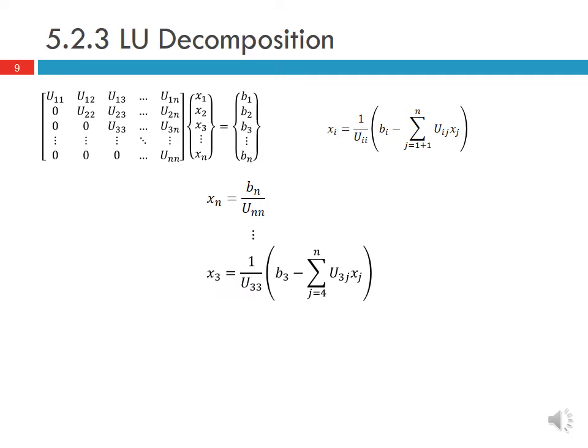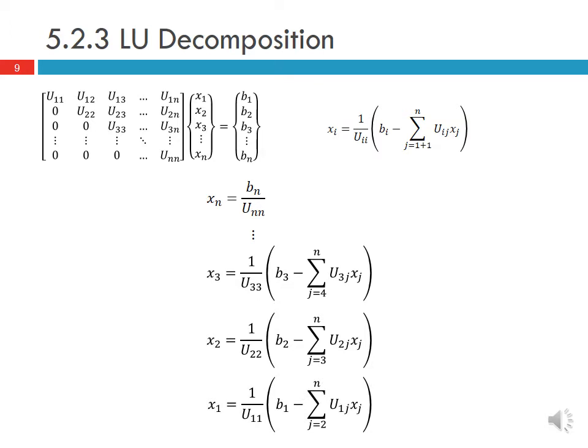So for example, x3 is equal to 1 over u33 times b3 minus the sum, j goes from 4 to n of u3j xj. x2 again is shown here, and x1 is shown here. So x1 is 1 over u11 times b1 minus the sum, j goes from 2 to n of u1j xj.